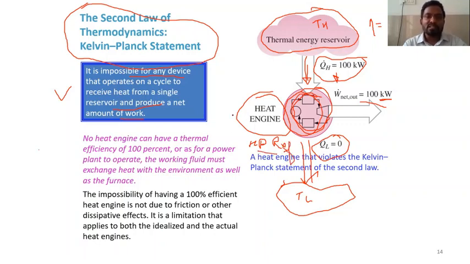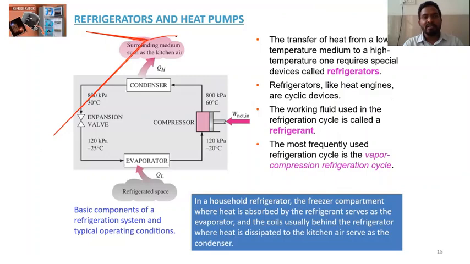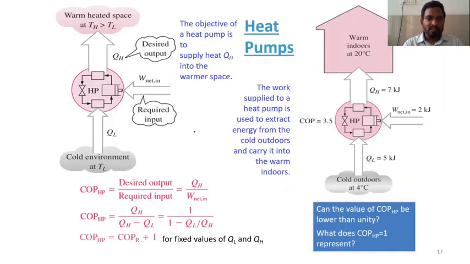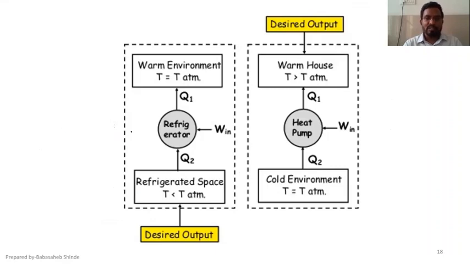So before that, the next part that we saw is the refrigerator and heat pump. Let me differentiate between refrigerator and heat pump on this slide. So this is our refrigerator and this is the heat pump. Now both devices are going to absorb heat from a low temperature reservoir and transfer that heat to a high temperature reservoir.